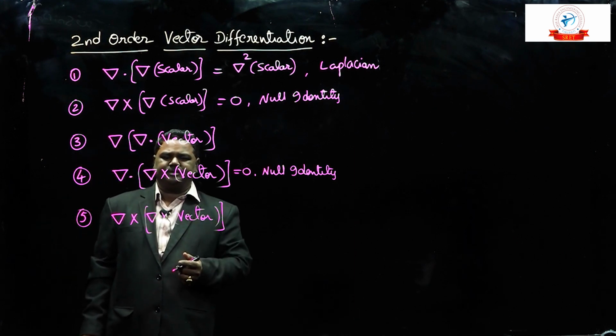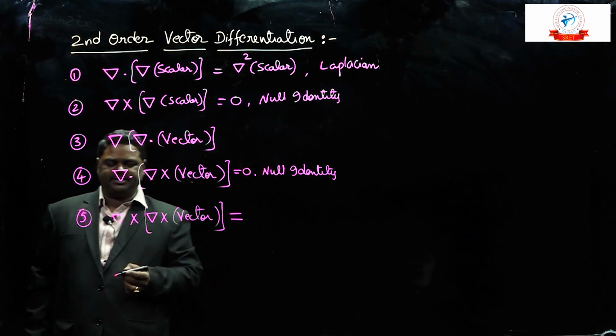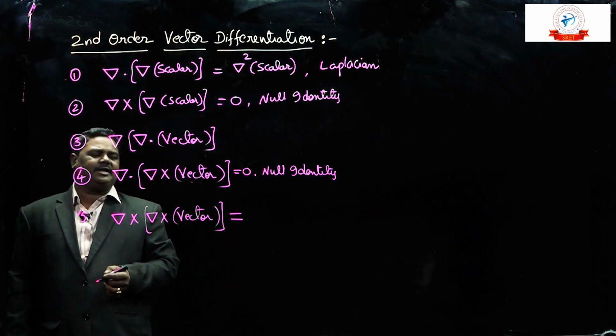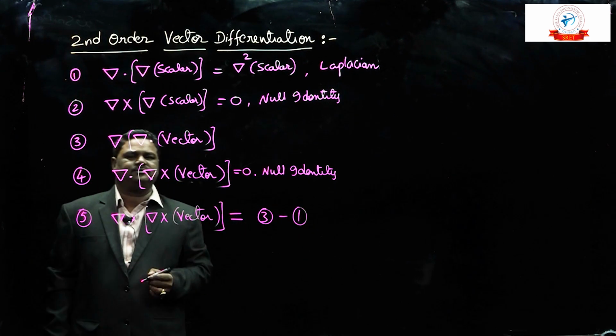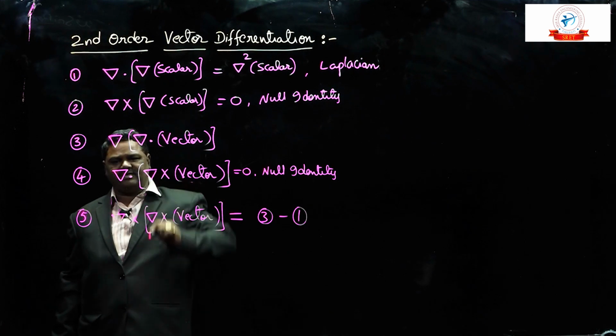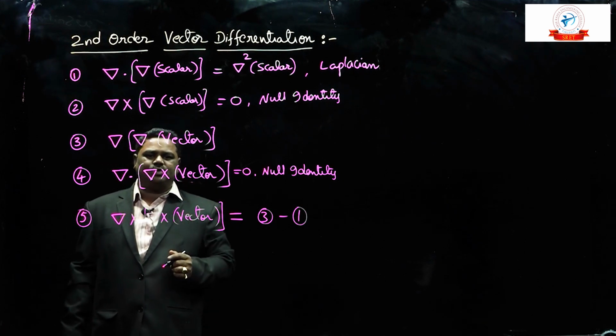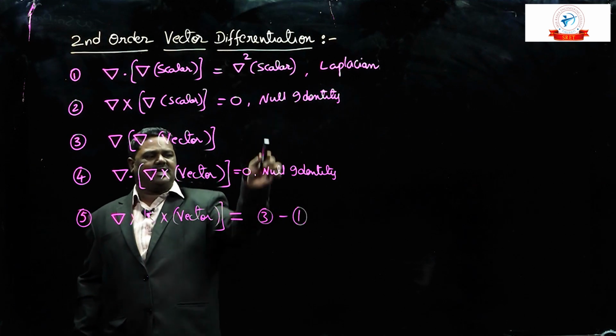I will tell you a simple way to write this equation. This equation is given by 3 minus 1. If you observe the previous 4 second order differentiations, among the 4, 2 are zeros. So this is 0 and this is 0, both are called null identities.